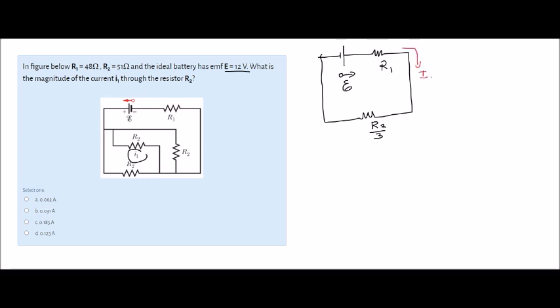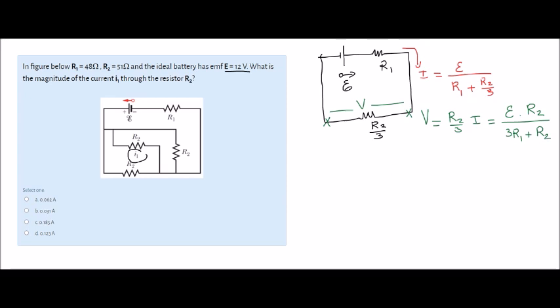We can calculate the total current, E over R1 plus R2 over 3. I don't prefer to calculate numbers here. Next, I can calculate the potential V, which is R2 over 3 times the current. You do that here, you get E R2 over 3R1 plus R2.